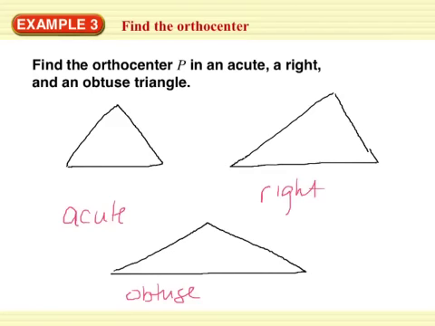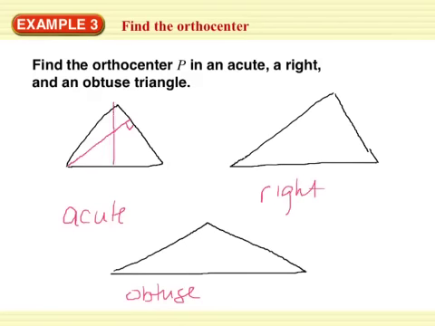I'm going to go ahead and draw some altitudes. Okay, because remember the orthocenter is the point at which the lines containing three altitudes intersect. So we're going to do the altitudes in red. So I need to draw a line that is perpendicular to that side. A line, that's awful.